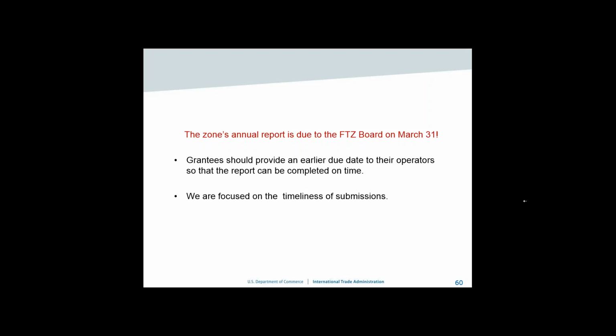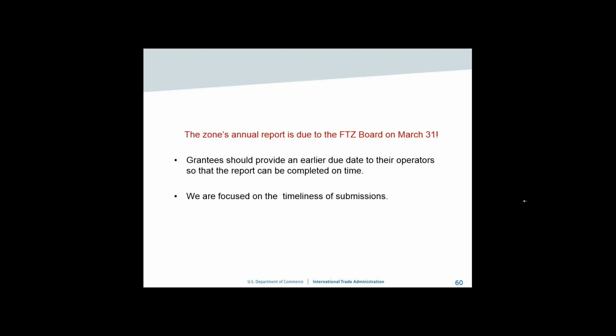Okay, so a final reminder, each zone's annual report is due to us by March 31st. So by that date, the grantee must have received, compiled, and reviewed all of the operator reports for its zone. So for the most part, grantees give their operators an earlier deadline to make sure that all of those reports can be received and reviewed on time for the report to be submitted to us.